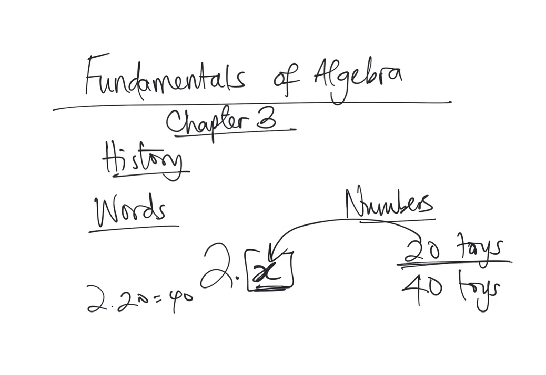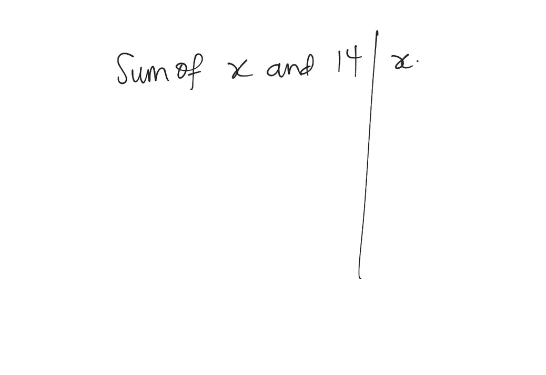When you talk about expressions, there's a very good table on page 173 showing the phrase and what it translates to. For example, the sum of x and 14 is x plus 14. When you say the sum, you're adding two things together. When you say the difference, you're subtracting.